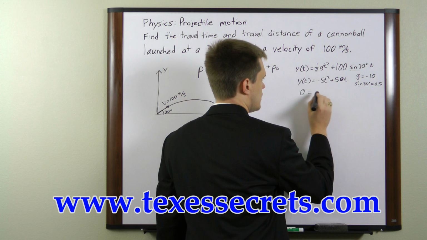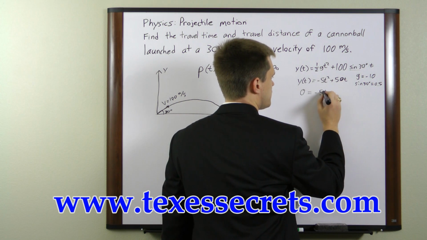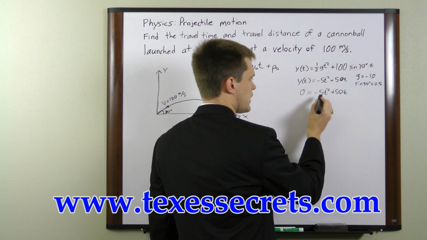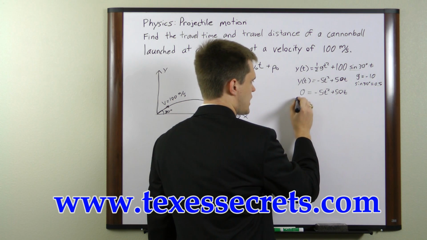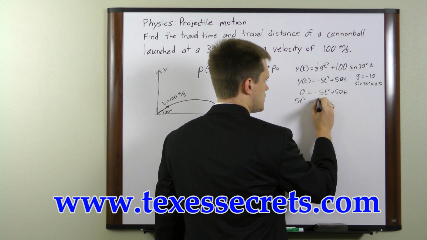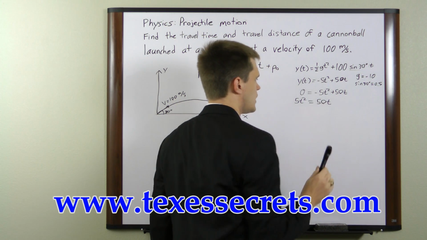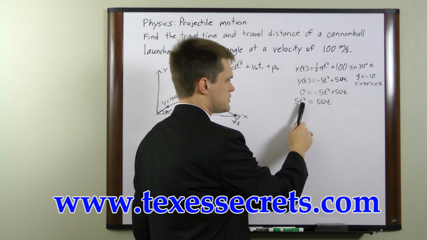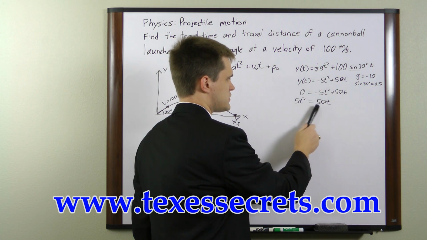We have 0 equals -5t squared plus 50t. We'll add 5t squared to both sides, so what we get is 5t squared equals 50t. Now both sides have t, so you can see that if you substitute in 0 for t, what you get is 0 equals 0.